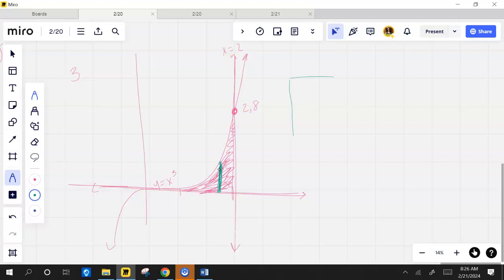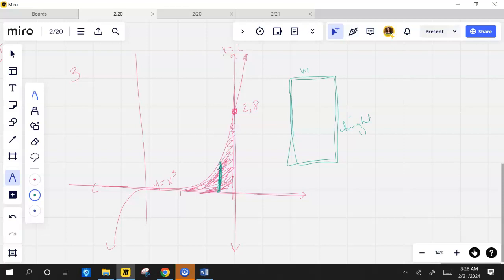This is my rectangle that's being pulled out. Pretend. There's my rectangle. Actually, it's more like a square than a rectangle. Okay, we'll do it like this. Height is 2 times its width. So let's call this the width, and this is the height. The height is twice its width.